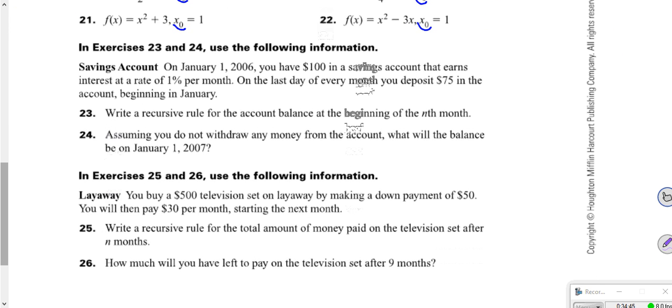So on January 1st, 2006, you have $100 in a savings account that earns interest at a rate of 1% per month. Now, 1% is 0.01, but that's the interest. It also keeps the original balance. So it's going to be 1.01. That's our rate.